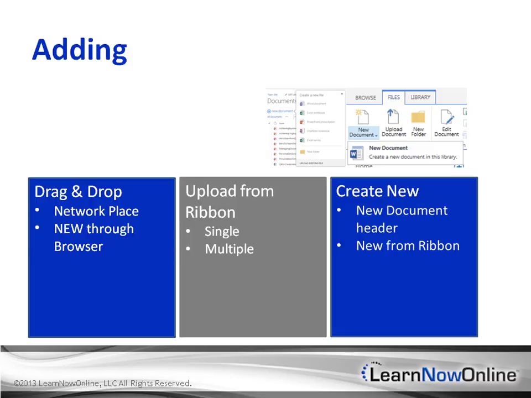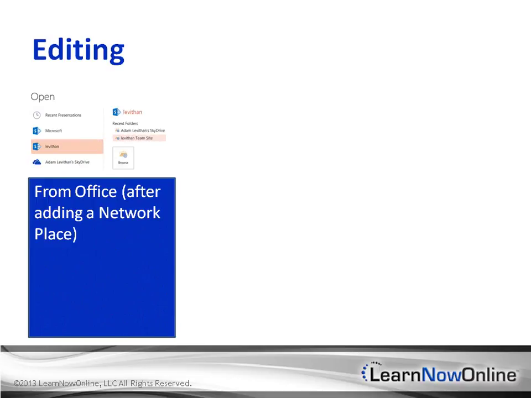Now that we've added documents, let's take a look at the second most used function, which would be editing documents. First of all, like we've discussed, after adding a network place or syncing, you can edit documents directly from Office products.